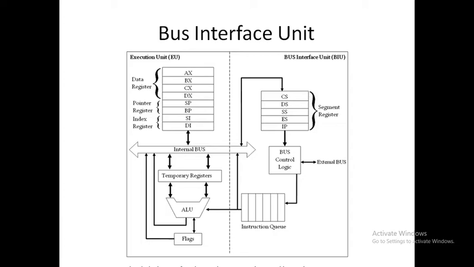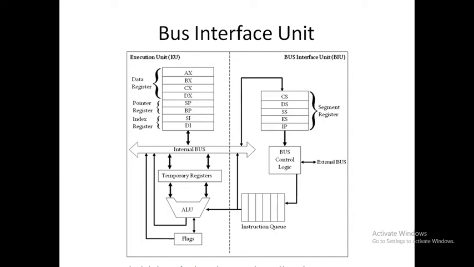So what does the BIU, or bus interface unit, do? It handles transfer of data and addresses, fetches instruction code, and stores the fetched instruction code in a first in first out register set called a queue. It reads data from memory and input output devices, as it is connected to the memory and input output devices. It also writes data to memory and input output devices.